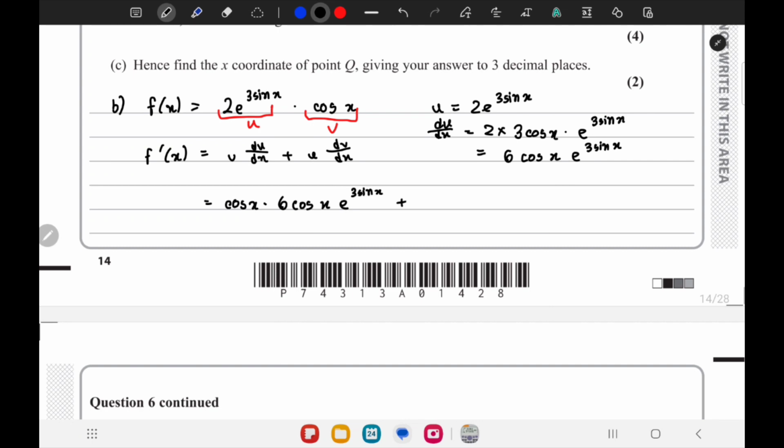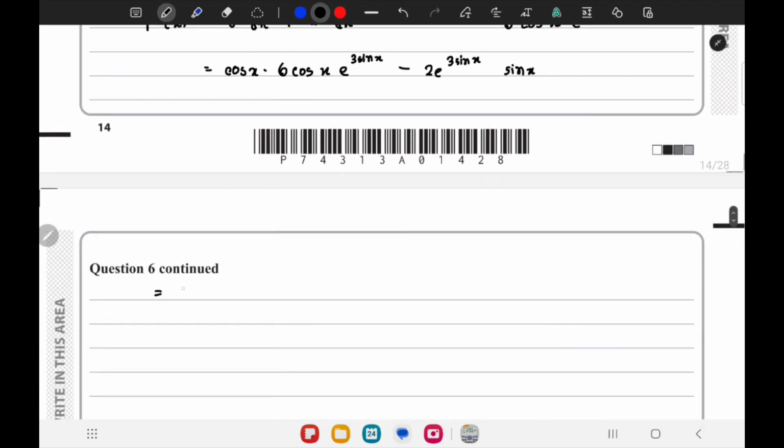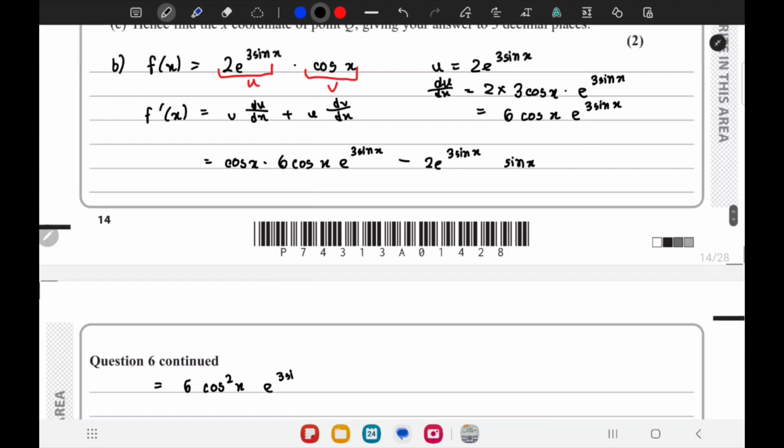U is 2e to the power 3 sin x, and dv by dx will be minus sin x. So we can just move the minus out here. We'll get 6 cos square x e to the power 3 sin x. We'll have to set this equal to 0 because p and q are stationary points.